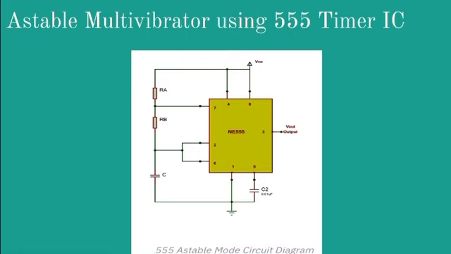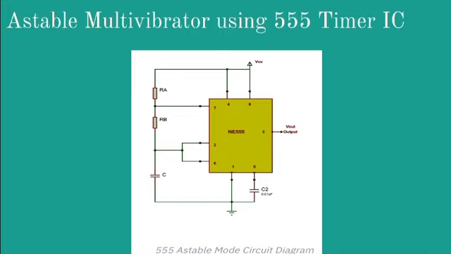Let us see the circuit diagram of the astable multivibrator. Here it can be designed by adding two resistors, RA and RB, and a capacitor C to the 555 timer.